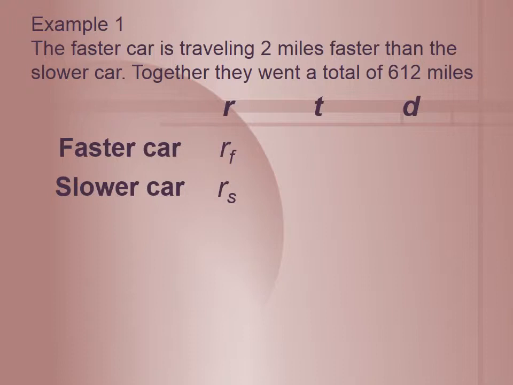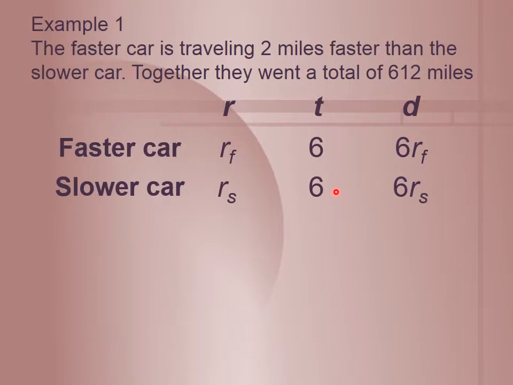So the time for both of them is 6 hours, right? And their distance is obtained by multiplying R and T. So R, which is R sub F, times 6 is 6 R sub F. So this 6 hours, I know it doesn't say in this little sentence right here, but that's given.